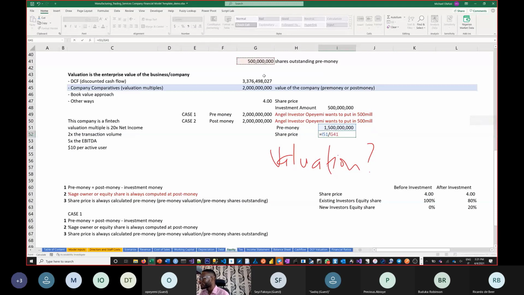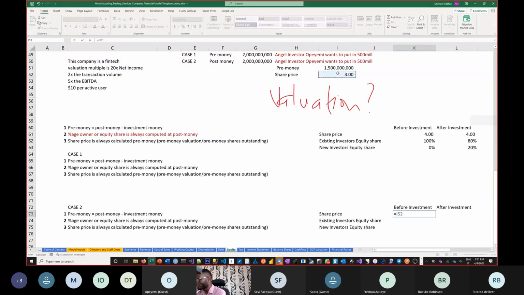Okay, so you'll see in this case the share price is already looking different, right? 3 naira. So for here, there's going to be share price 3 naira, share price 3 naira. Then the existing investor had 100% before investment. These guys had 0%.